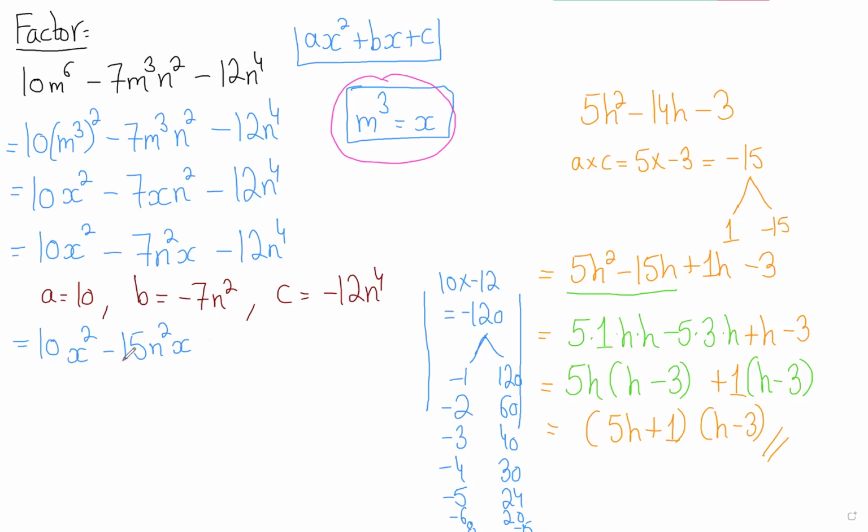So in this case it's going to be negative 15 n squared x, right? And then the third term here is going to be positive 8 n squared x, negative 12 n to the power of 4. And notice again, as we did in the previous example, we are not changing anything moving from this step to this step. Negative 15 n squared x plus 8 n squared x is the same thing as negative 7 n squared x. So it's just a different way of writing the same thing, but this is going to be incredibly useful for us when we start factorizing this.